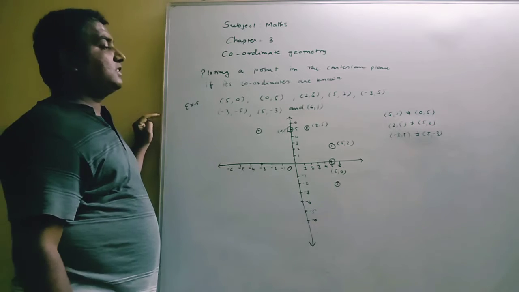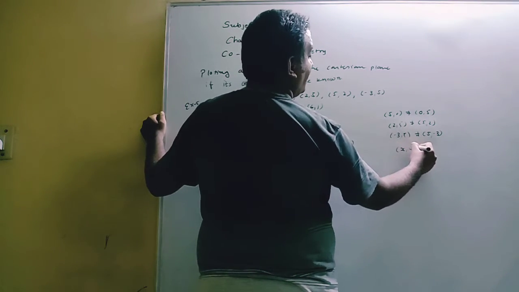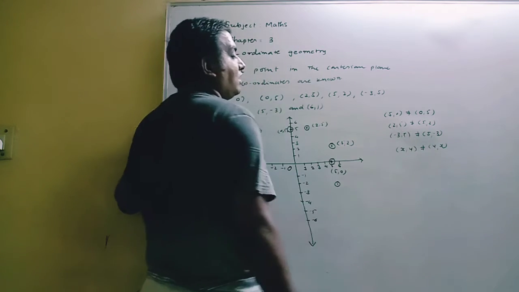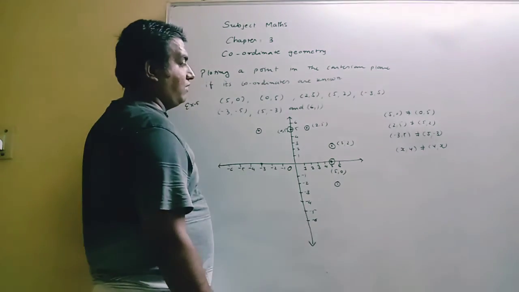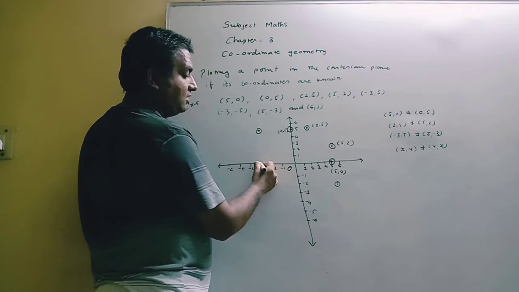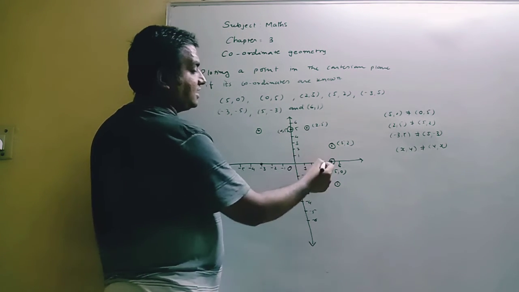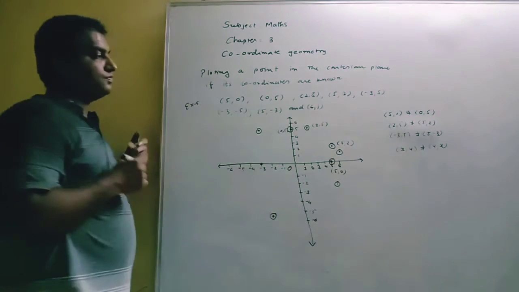And so we can say that the coordinate pair (x, y) is not equal to (y, x). They are equal only when x coordinate equals x and y coordinate equals y. Then we have minus 3, minus 5 coming up, and 6, 1, so x is 6 and y is 1 will be coming up.